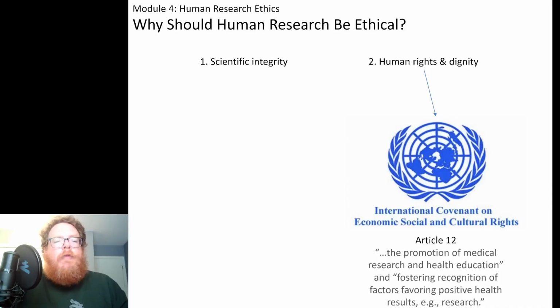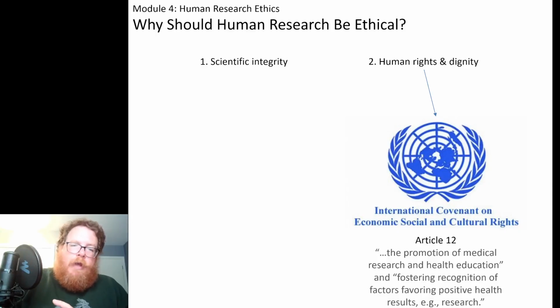I think that's an important thing for us to recognize. There's not a widespread call across humanity to say, stop doing research on humans, we should never do research on humans. Article 12 shows that the international community recognizes that human research is important for helping us to understand how we can live healthy lives.